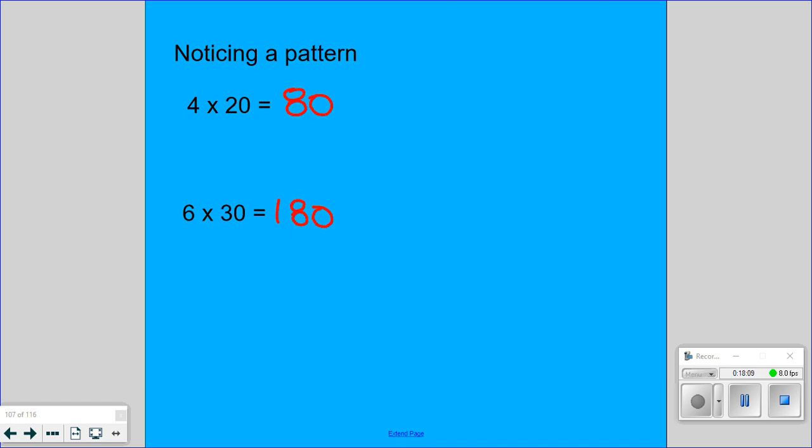Heidi said, hey, that's really similar if instead of saying 20, I just think of it as 2. She said 4 groups of 2 equals 8. So it's really similar to 4 groups of 20. I wonder if that works for our other equation.